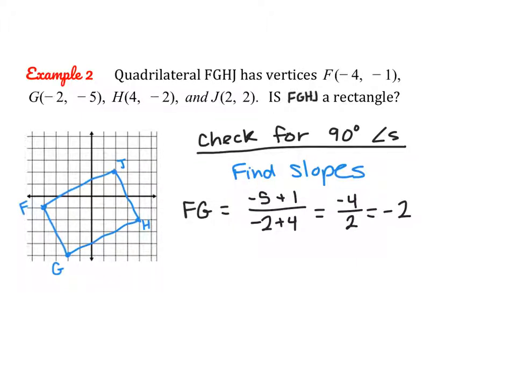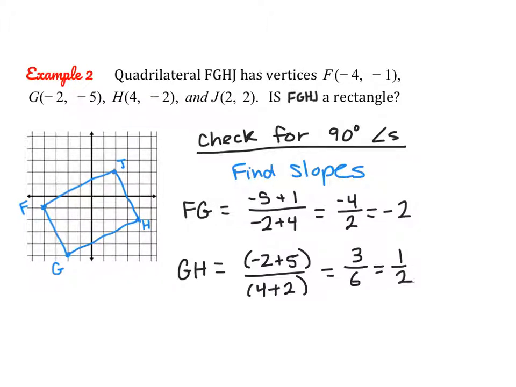So now let's find the slope of GH, so G and H. So we can do y2 minus y1, so plus 5, over x2 minus x1, so plus 2. And here we get 3 over 6, which is 1 over 2.